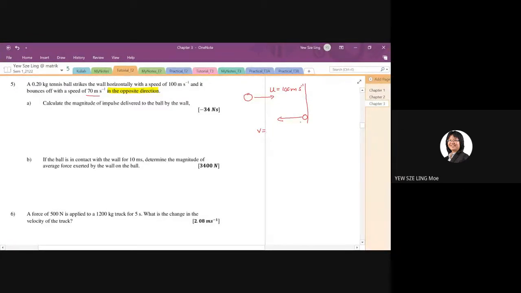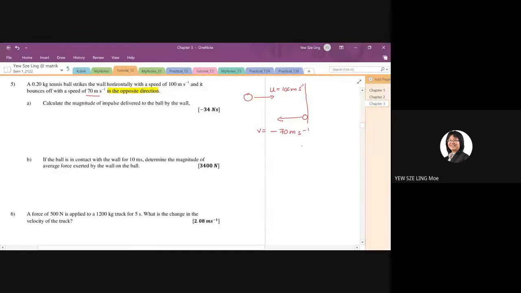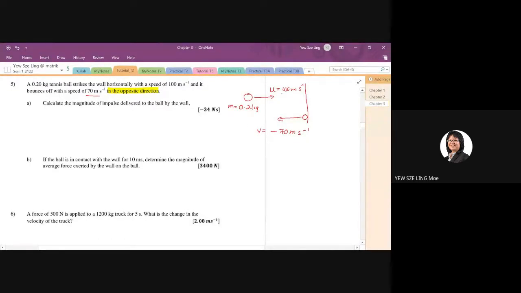Because it bounces off in the opposite direction, your v is a negative value, so negative 70 meters per second. You have a mass of 0.2 kg, so this is the m. Now you have m, u, and v.